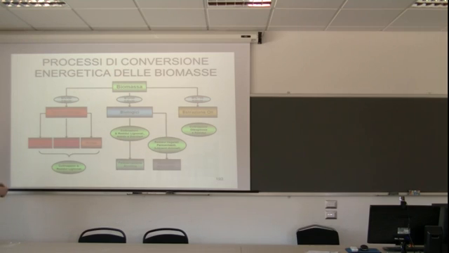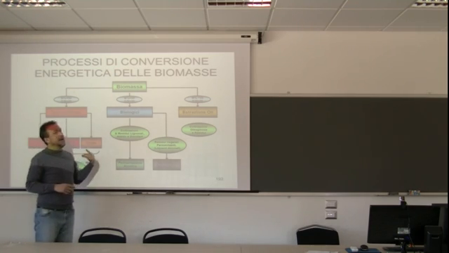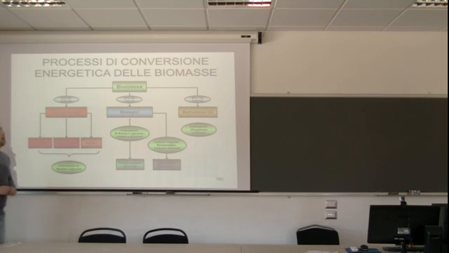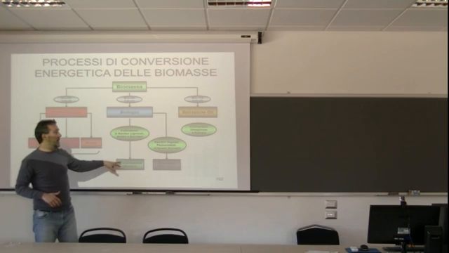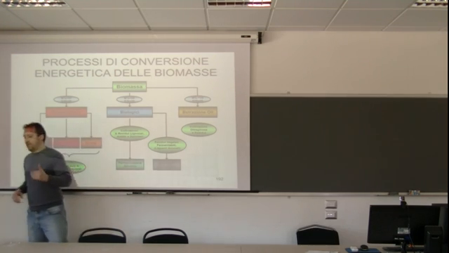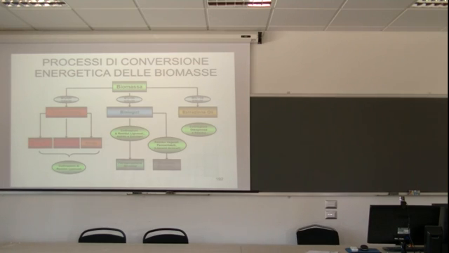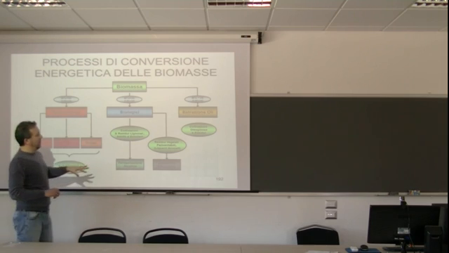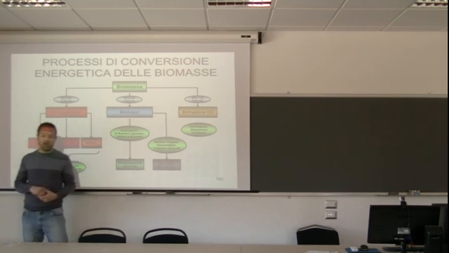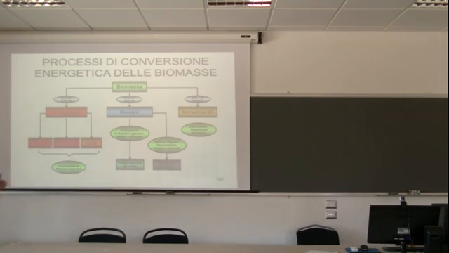What are the main biological processes? Alcoholic fermentation and anaerobic digestion. Of course, we have other biological processes, for example aerobic digestion, but for energy applications we will look at these two: alcoholic fermentation and anaerobic digestion.